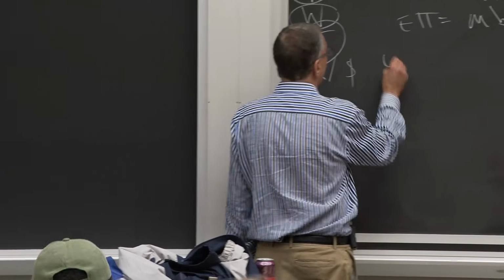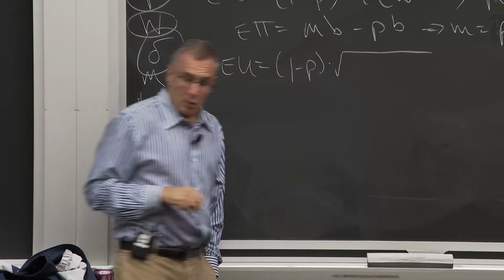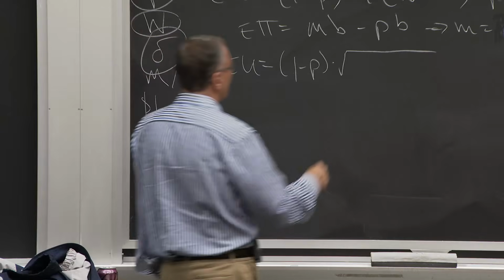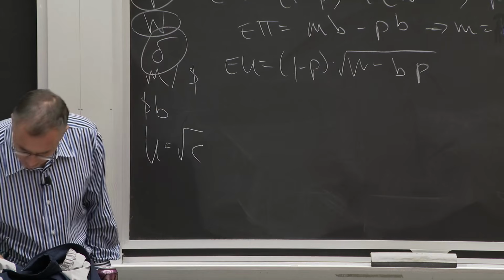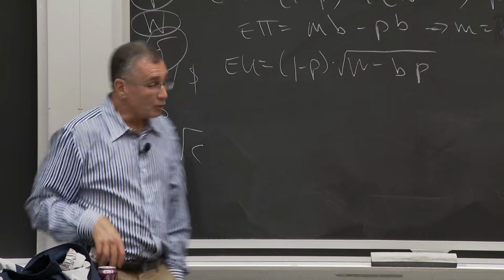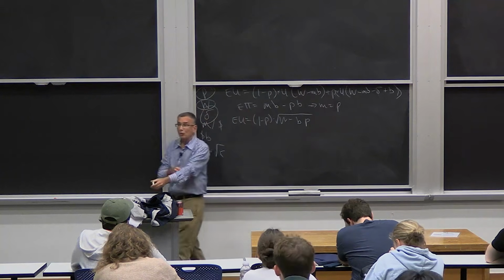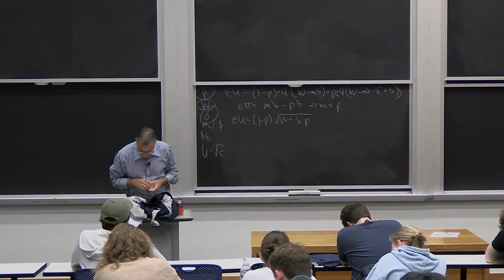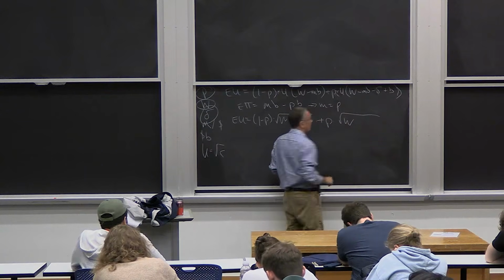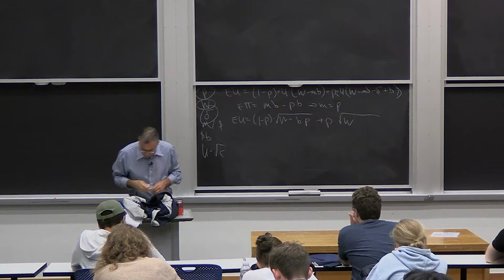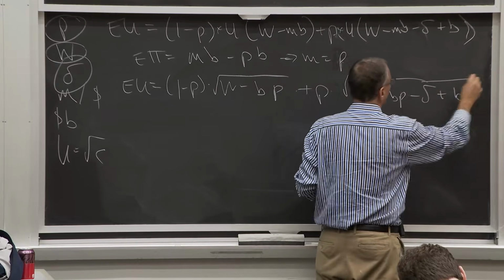So we say expected utility now equals 1 minus P times the square root of W minus MB, which we can rewrite as W minus BP, because M equals P. And then for the second part of the equation, we have P times the square root of W minus BP minus delta plus B. Okay?